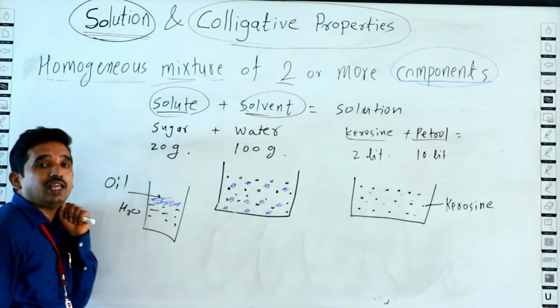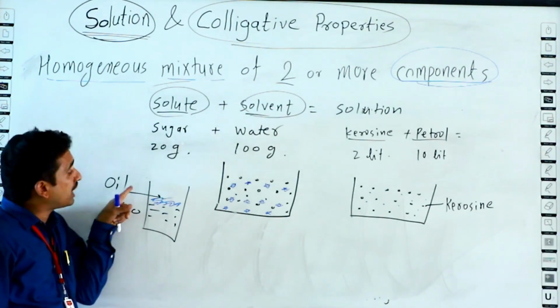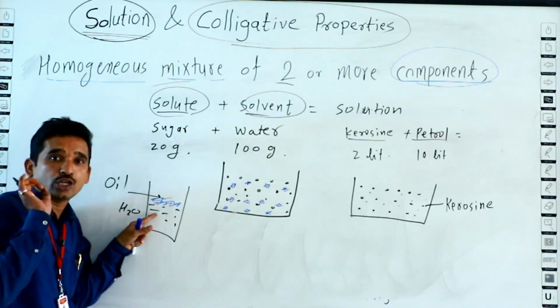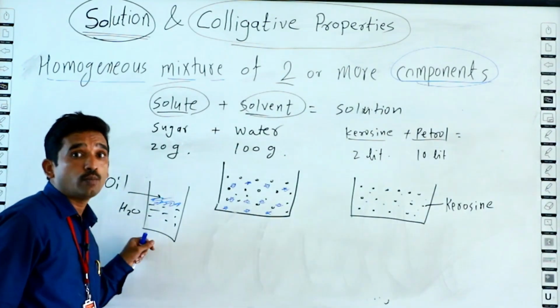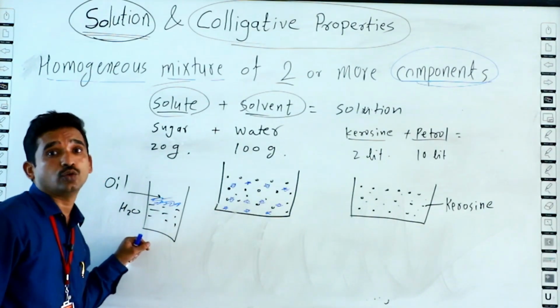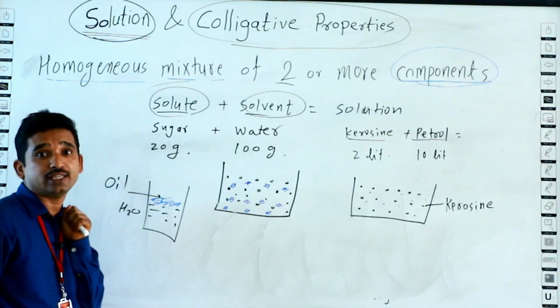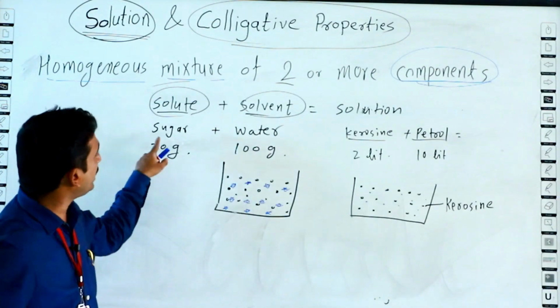For these 2 layers the system is not in one phase, it is in 2 phases. So this is not an example of solution. So we have to manage the phase also. It must be in a single phase.